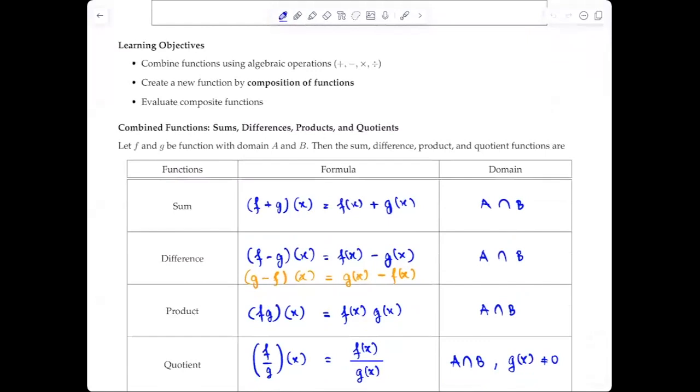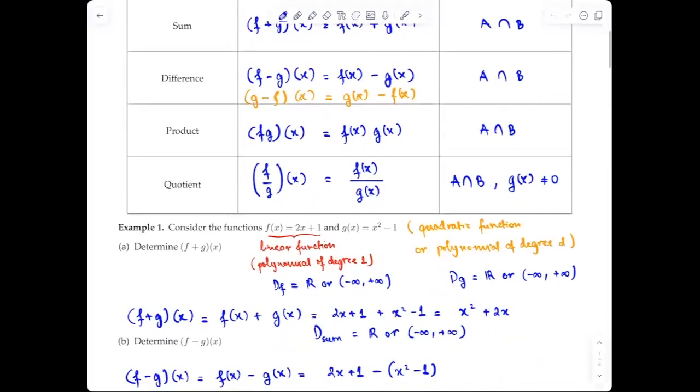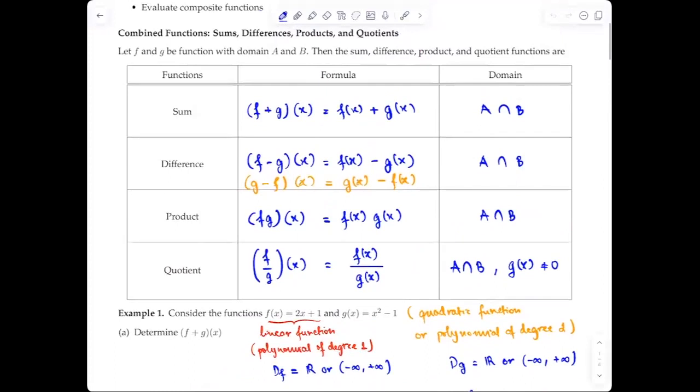So with combined functions, we can operate on different functions. We can add two functions together, subtract one from another, multiply two functions together, and divide one function by another. And when you combine two functions, finding the domain of the function is a little bit more tricky.